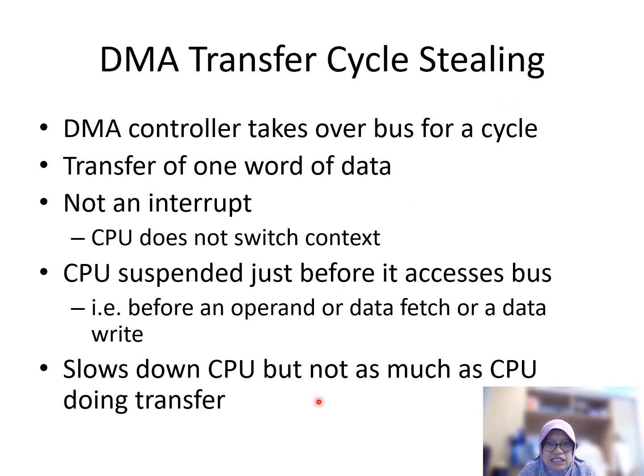If it's not an interrupt, the CPU does not switch contexts. But if it's an interrupt, it interrupts the CPU using the bus, so the CPU is suspended just before it accesses the bus.